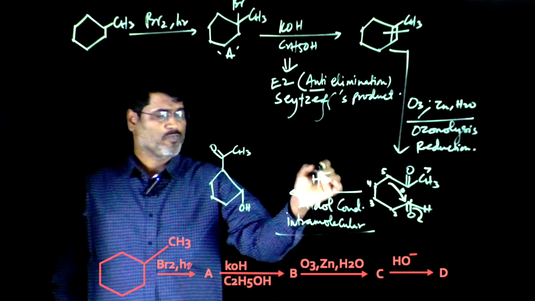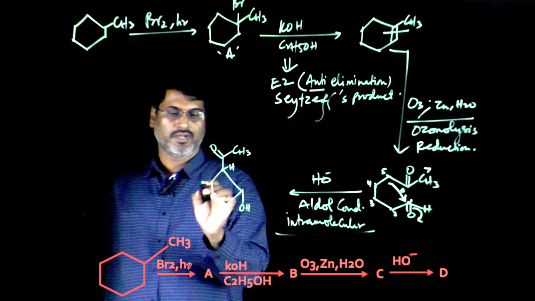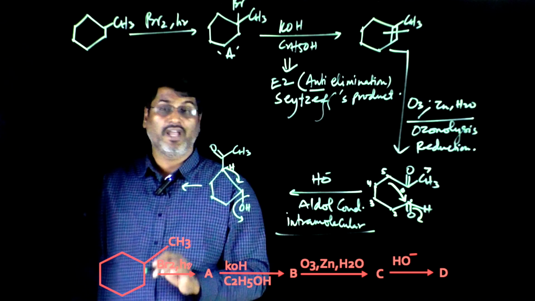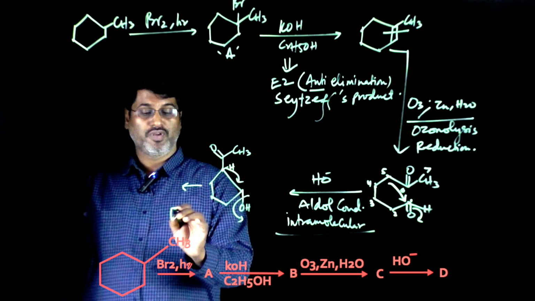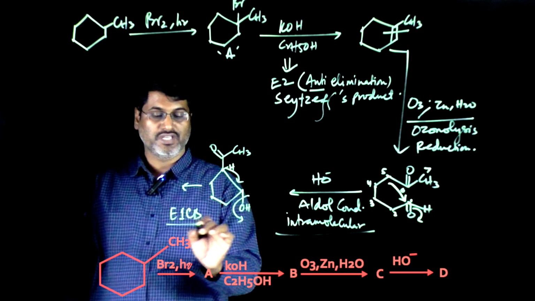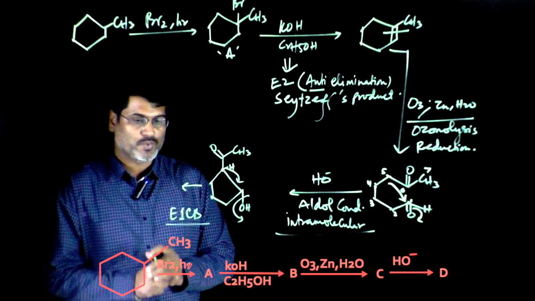but you know HO minus, there is one hydrogen, this hydrogen is lost, and finally the dehydration takes place. This dehydration takes place in the basic medium. In this basic medium, you will say this dehydration is the E1cB, elimination unimolecular conjugate base process.